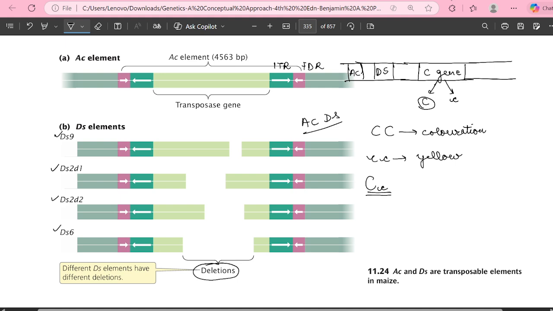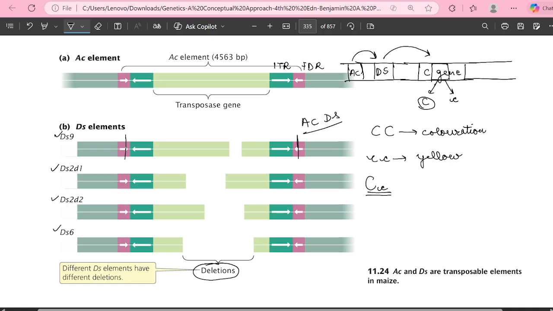The AC element codes for the transposase enzyme, and this transposase enzyme works on the DS element and cuts it or cleaves it from the FDR region or the ITR regions. This DS element will then move, and the transposase enzyme will also work on the C gene, and the C gene will be cut in between. The DS element will be inserted over there.